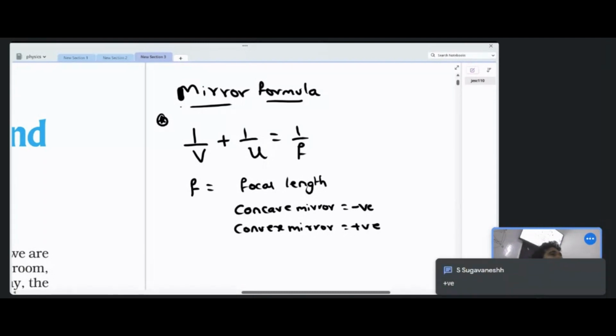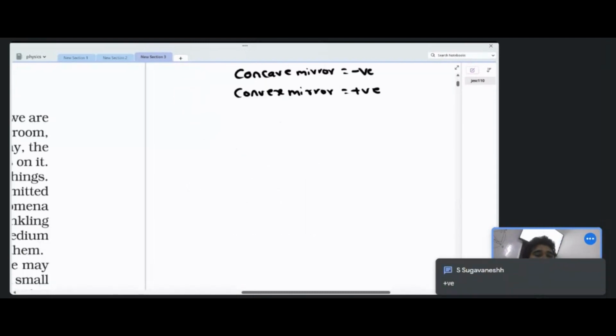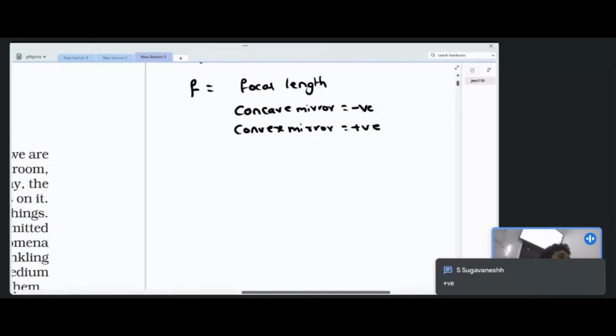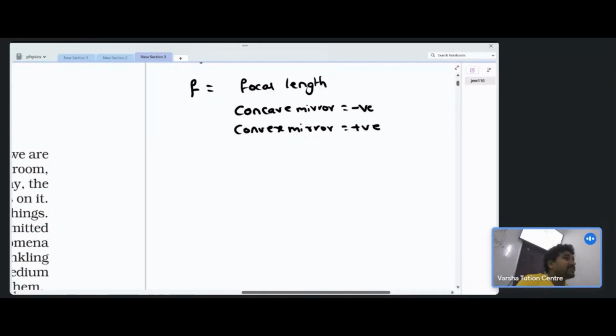For example, in the question, a concave mirror of focal length 15 is used. What will you tell? Concave mirror of focal length 15 is used in that problem.